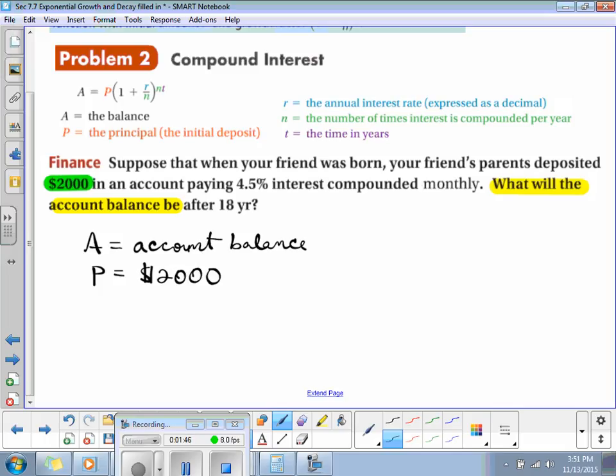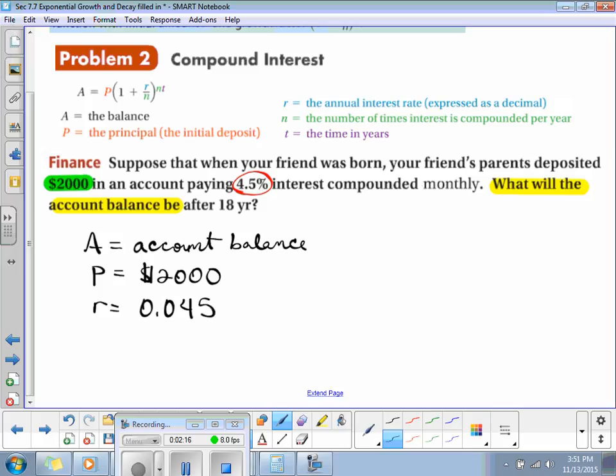The R is our annual interest rate expressed as a decimal. Okay? So the annual interest rate is what? 4.5%. Written as a decimal would be 0.045. Okay? So R is 0.045. Let's see.